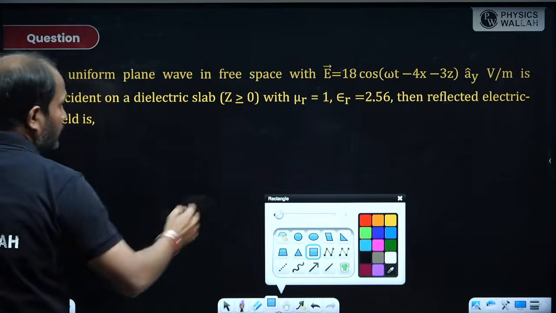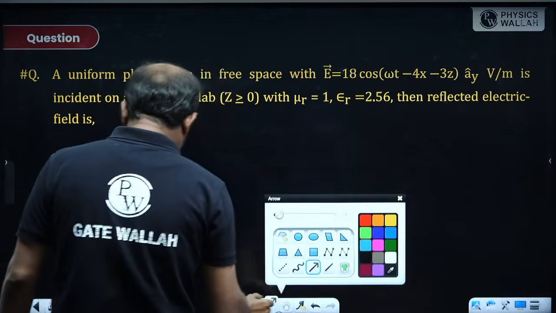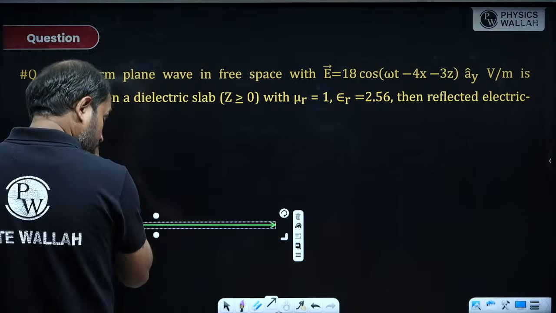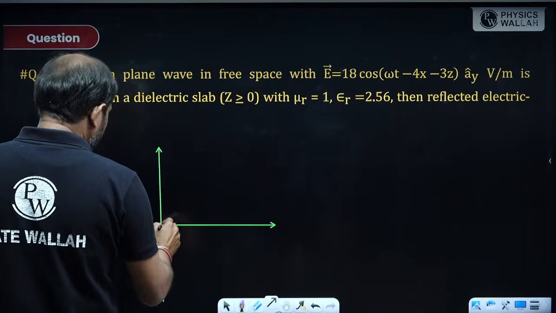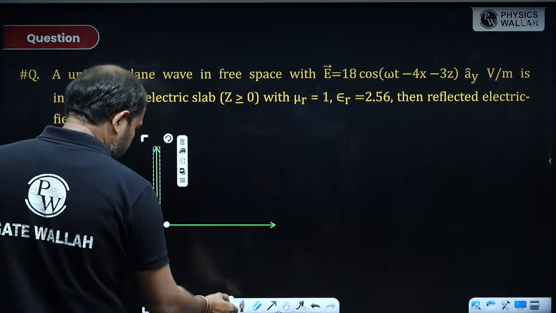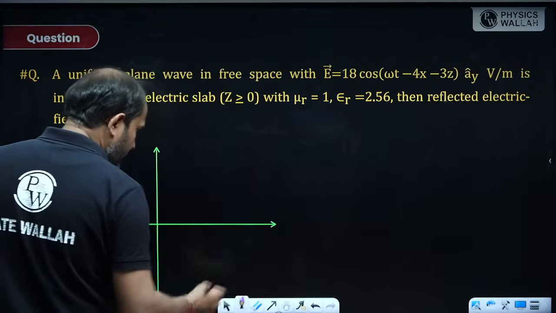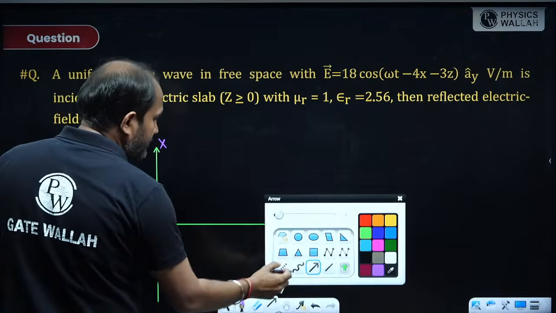So in which plane are they traveling? ZX plane they are traveling. So I will draw the ZX plane. This one is Z, this one is X. We have 4 types of wave.